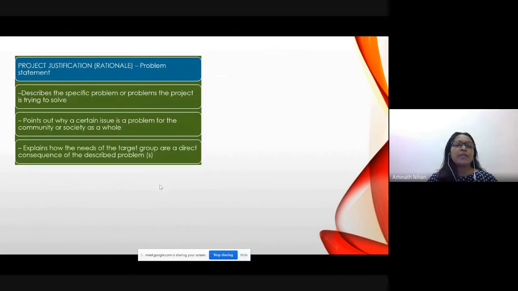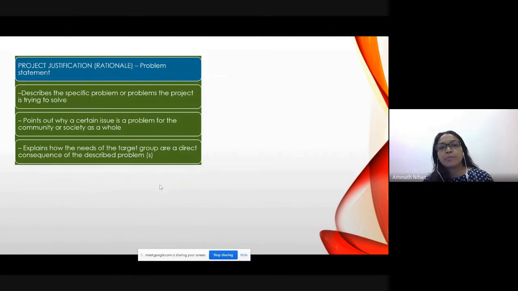Okay. The project justification, also known as the rationale. So this is what the problem statement is. It describes the specific problem or problems the project is trying to solve, points out why a certain issue is a problem for the community or society as a whole, and explains how the needs of the target group are a direct consequence of the described problem.